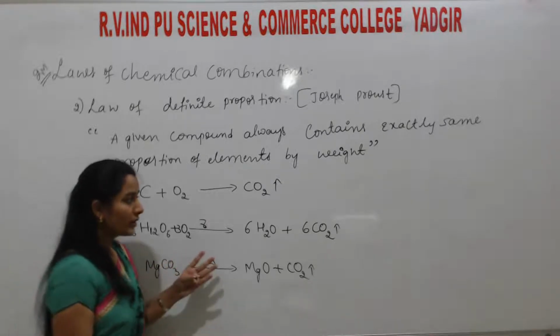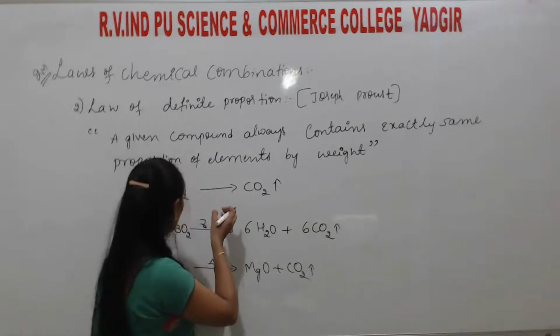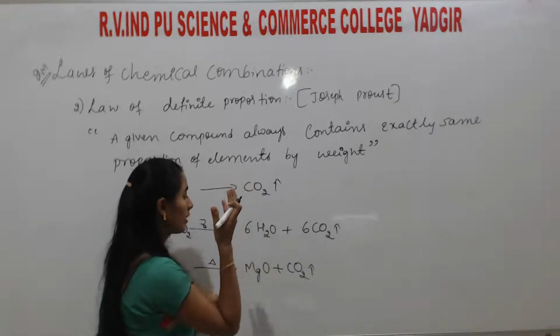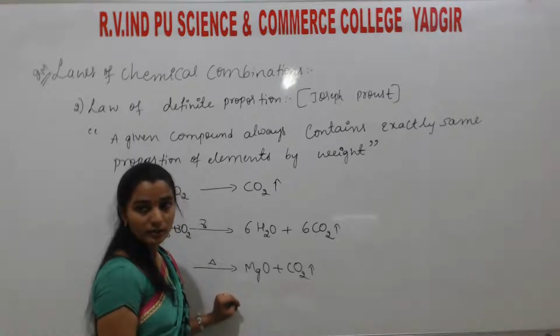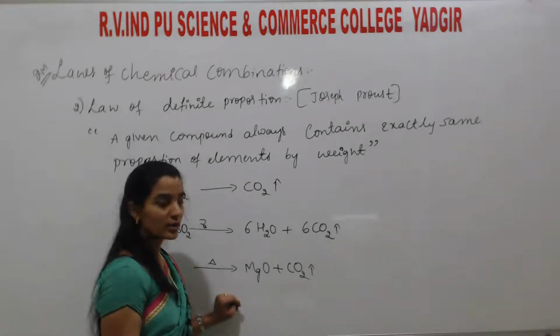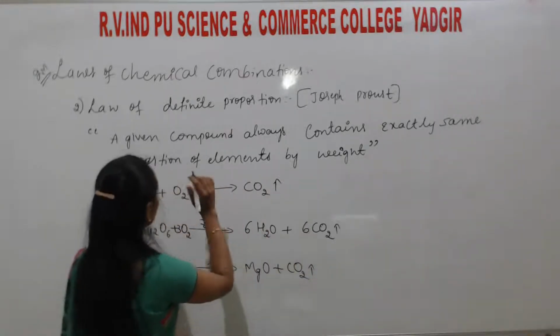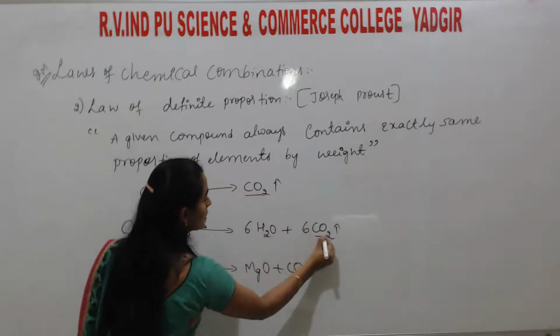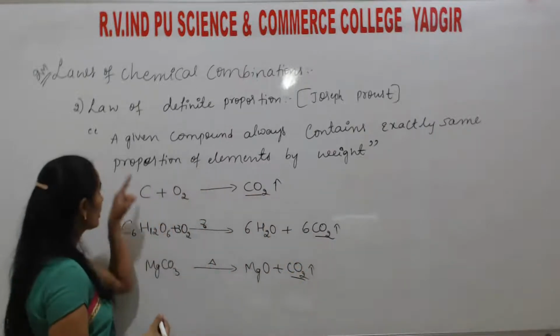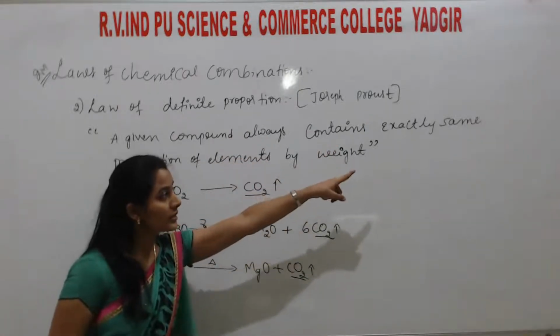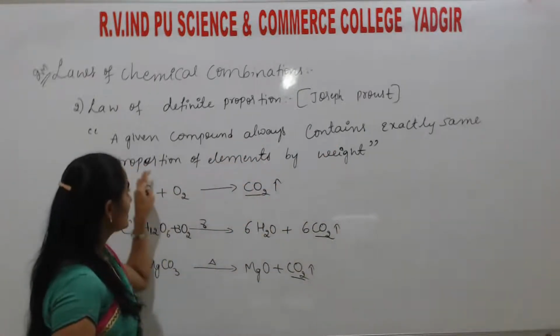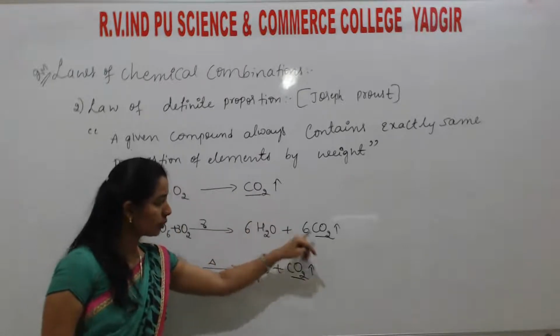So no matter, students, whether it is formed from combustion, photosynthesis, decomposition or a combination reaction, the common term is that CO2 is there. A given compound, that is CO2, always contains exactly the same proportion of elements by weight.